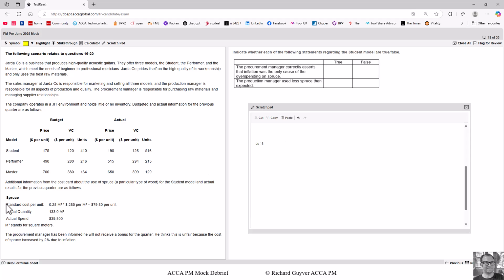Down here we've got information on spruce, and this issue the procurement manager's raised, he's not getting a bonus. Thinks it's unfair because the increase in cost was due to inflation. Given our cost is 285 per metre squared, what we would do is adjust that for inflation compared to the actual spend and see if the claim is correct.